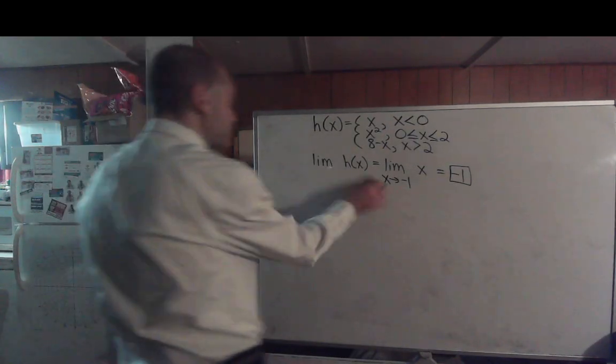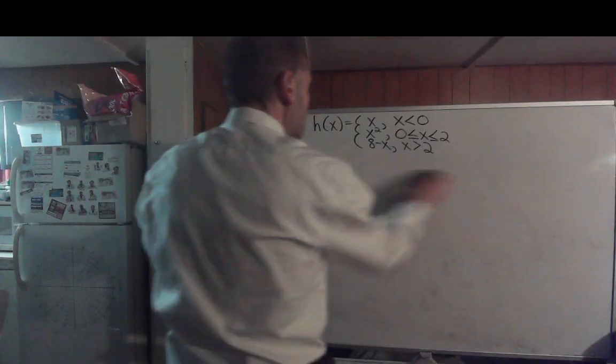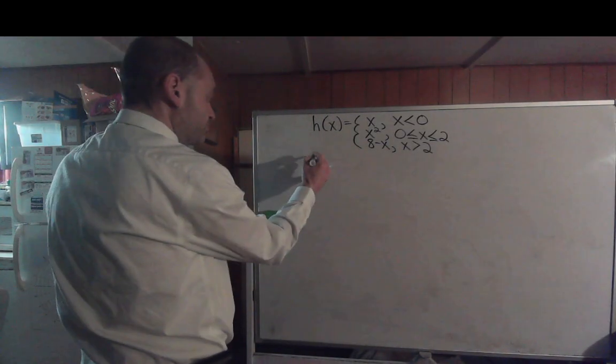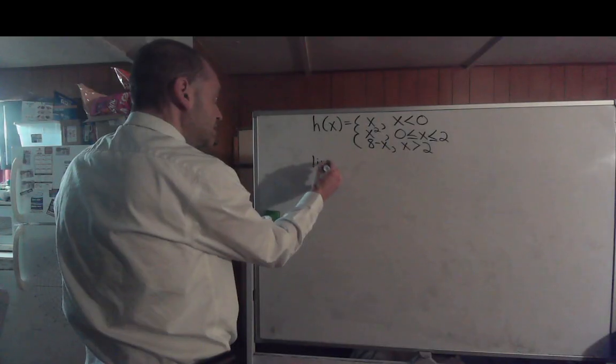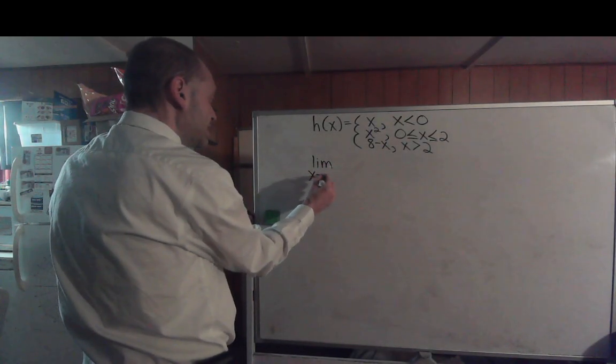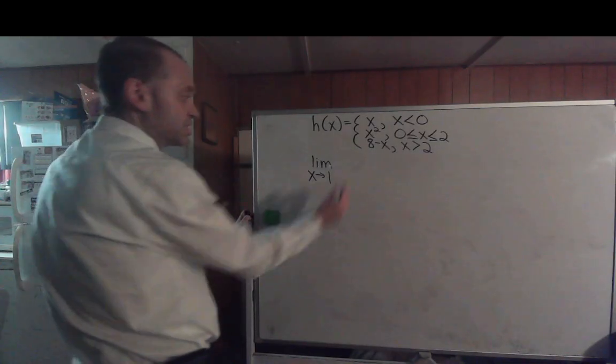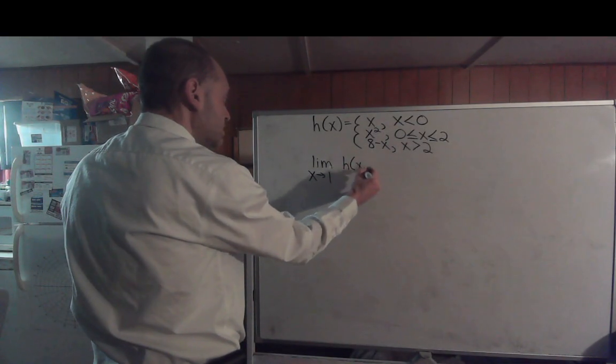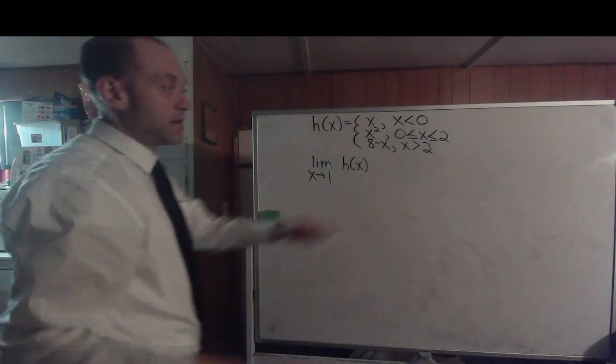Now, what if I did the limit as x approaches positive 1? So let's do the limit as x approaches positive 1 of this function, the general limit. Well, is 1 at a breakpoint?